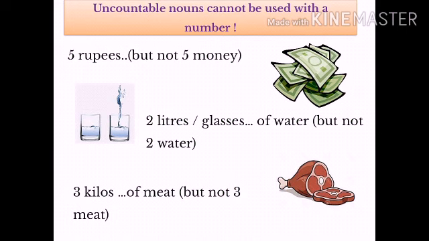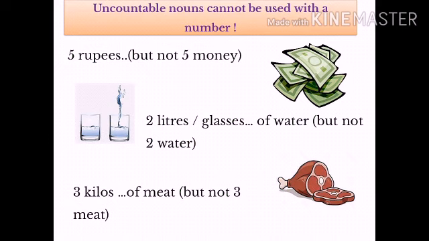Uncountable nouns cannot be used with a number. I'll explain how. See, in the case of money, we don't say I have 5 money with me. Instead, I say I have 5 rupees with me. Right? That's the usual sentence that you use.